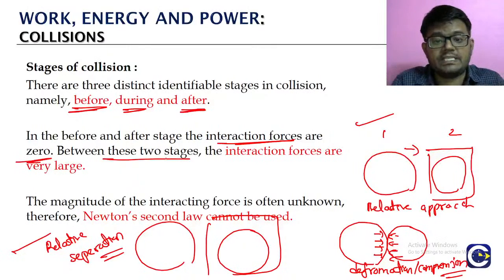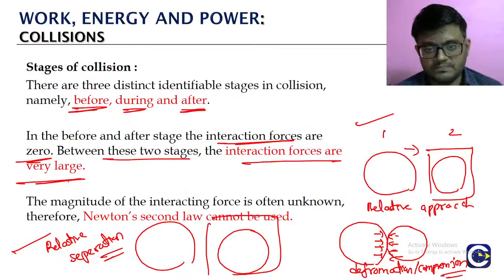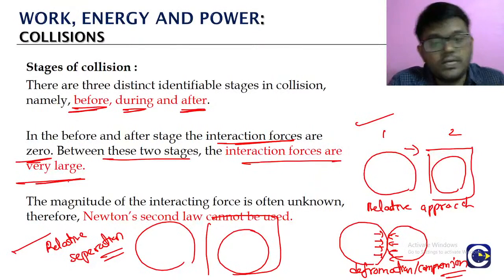During the collision stage we will see the interaction forces, which will be very large in terms of value. Another thing is that we will not be able to find out quantitatively the value of the interaction force.